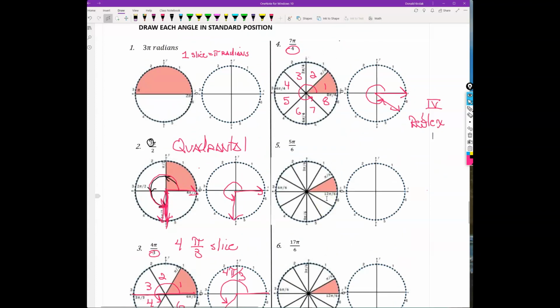Okay, 5 pi over 6. Well, this tells us cut the top half into 6 parts. The bottom half into 6 parts.